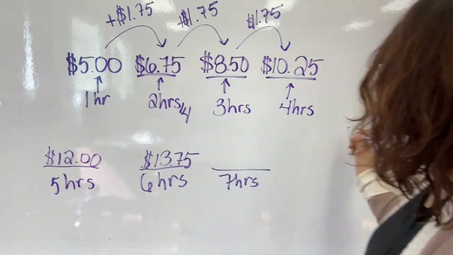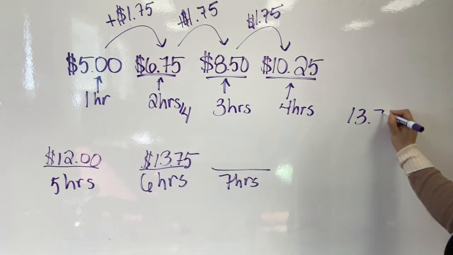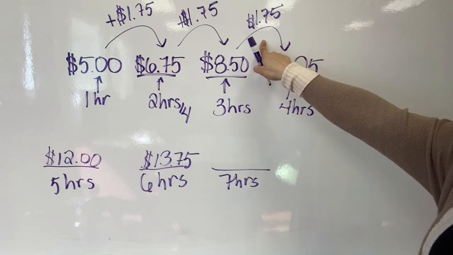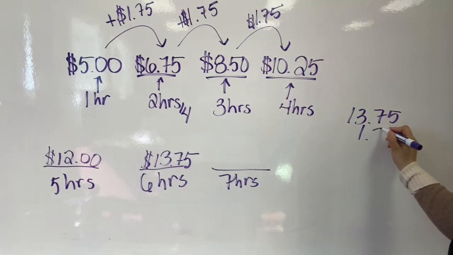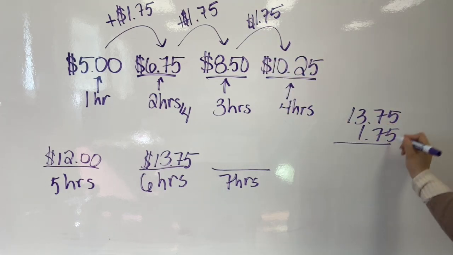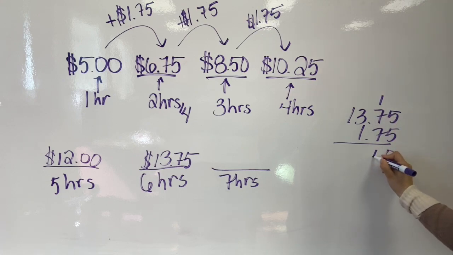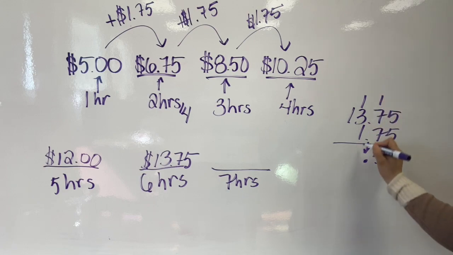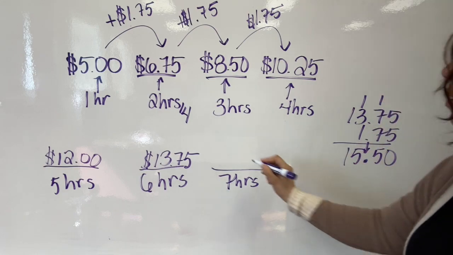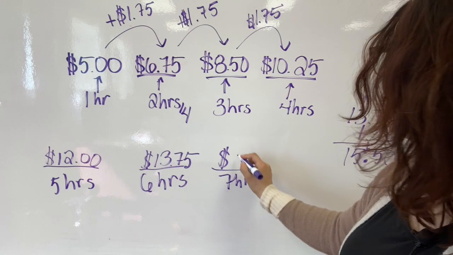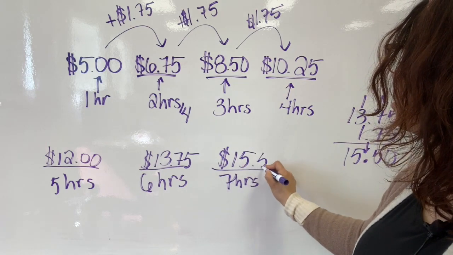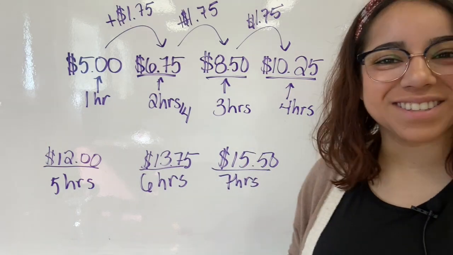We take this one, the $13.75, and you got it, add $1.75 to it. Bring down the decimal, 3, 4, 5. Awesome. For a 7-hour rental, it'll cost us $15 with 50 cents.